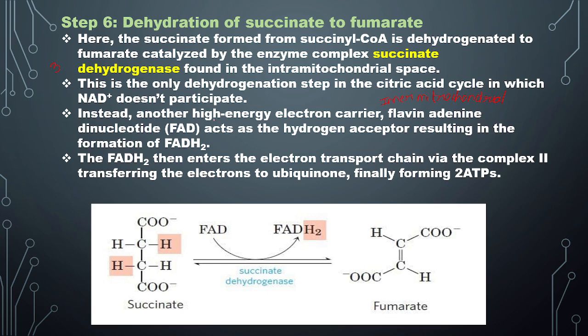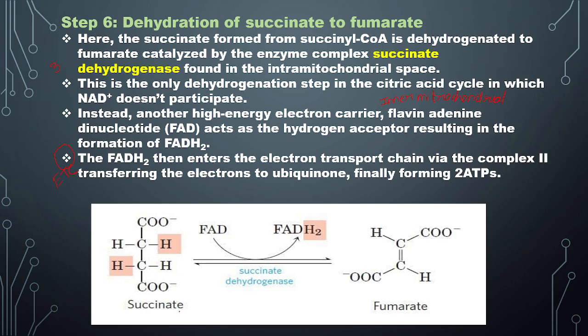Instead of another high energy electron carrier, flavin adenine dinucleotide acts as a hydrogen acceptor, resulting in the formation of FADH2. The FADH2 then enters the electron transport chain via complex 2, transferring the electrons to ubiquinone, finally to form 2 ATP. This reaction we will discuss in the electron transport chain.